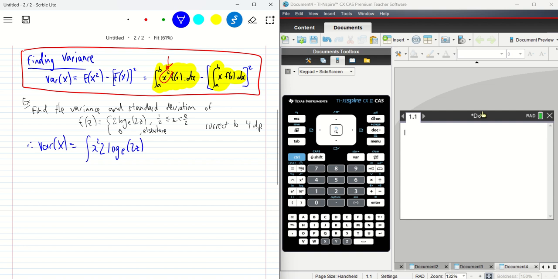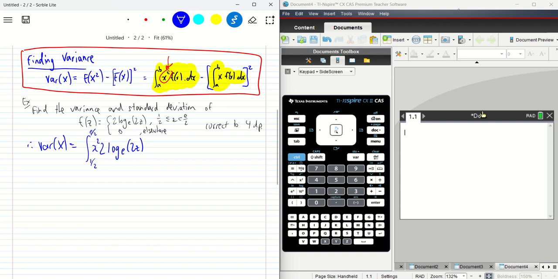So that's the function, and we're going to be integrating that between a half and e on 2. So my writing's a bit small. Too bad. So that's my x squared f of x dx, that first part there. So I've integrated between that and that.